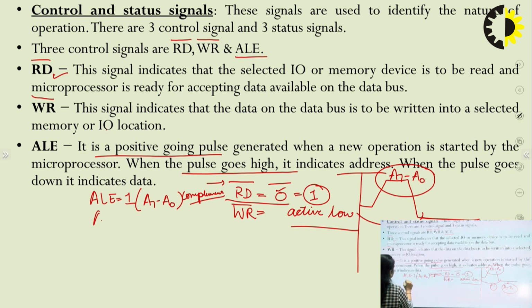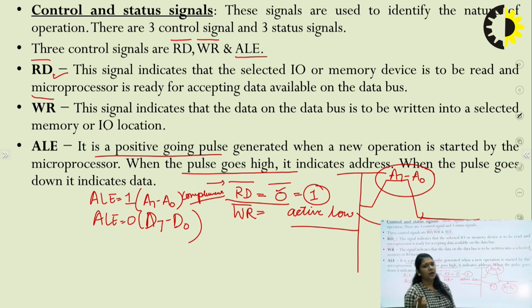And ALE is equal to 0, at that time, D7 to D0. So when ALE is 1, we will be taking the lower order address, and when the ALE is 0, the multiplexed, time shared bus will act as the data bus.